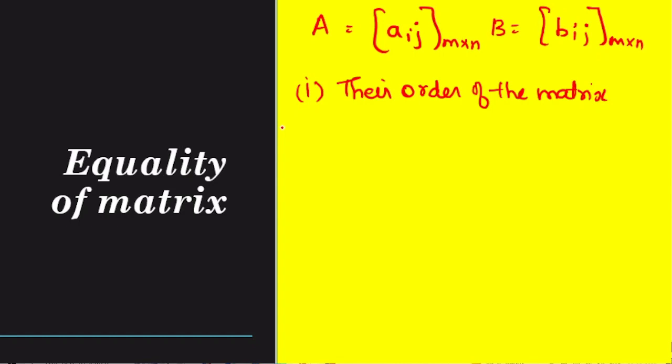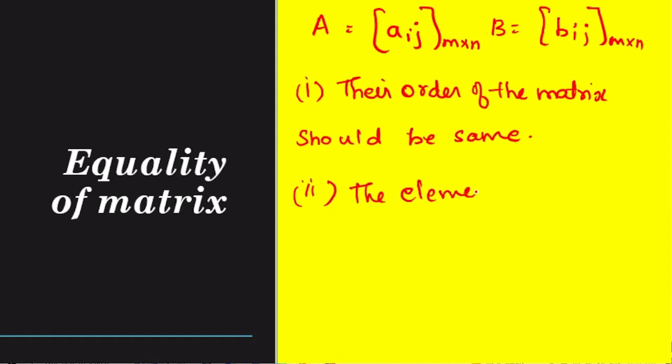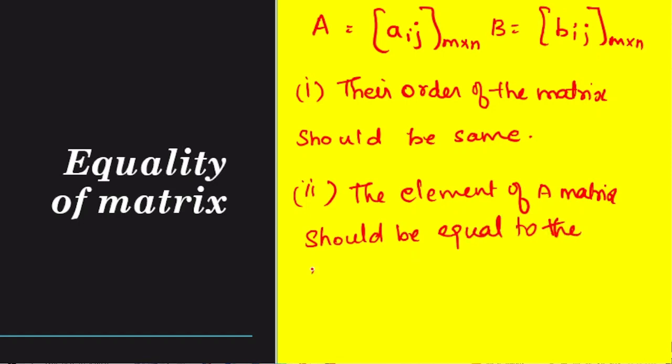Second, the element of the A matrix should be equal to the corresponding element of the B matrix.